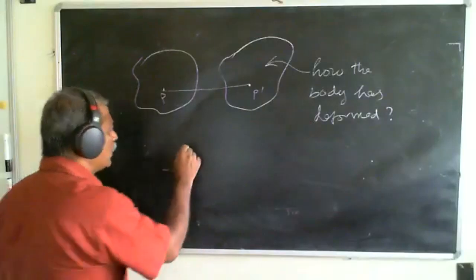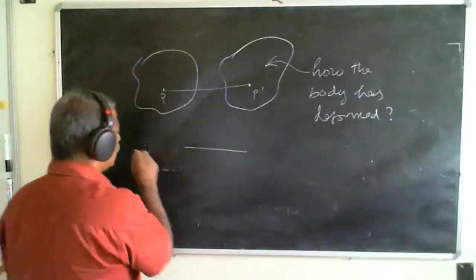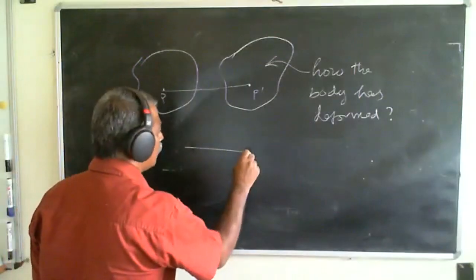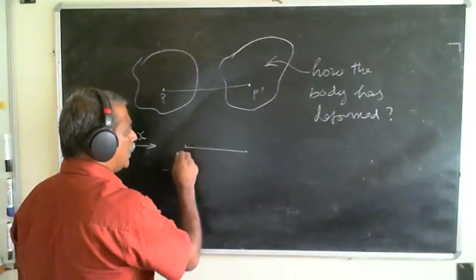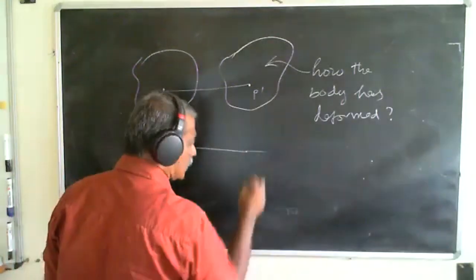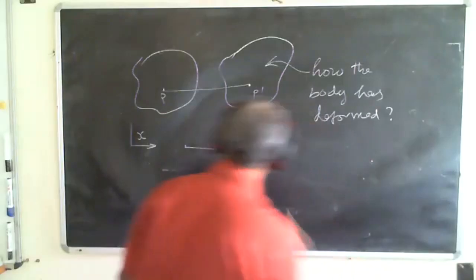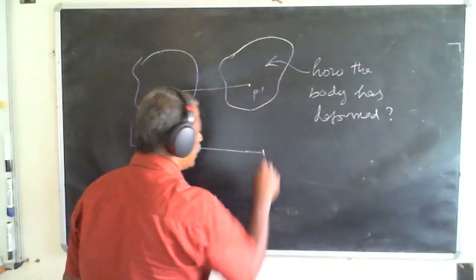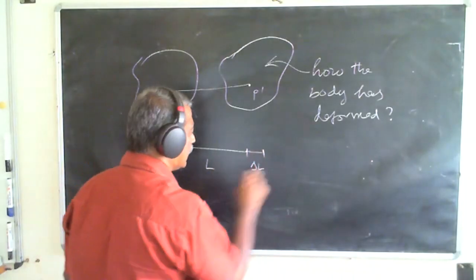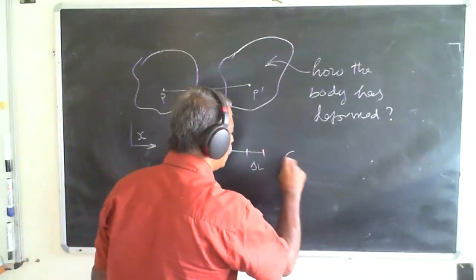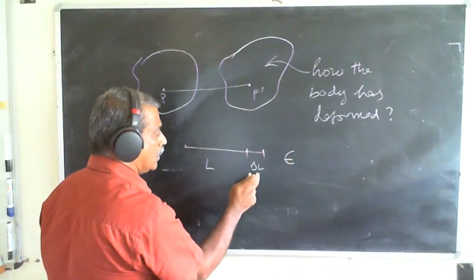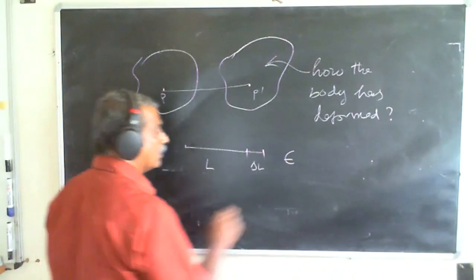Okay, what did we do in one dimension? Let's say this is the x direction. I have a string or one-dimensional body, and if it elongates by an extent, and let's say this length is L, this is delta L, then epsilon, which is strain, is given by the ratio of the extension divided by L. Right?